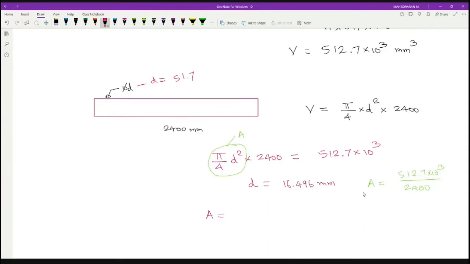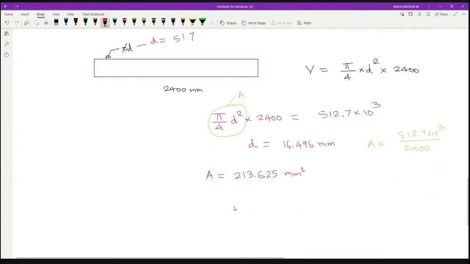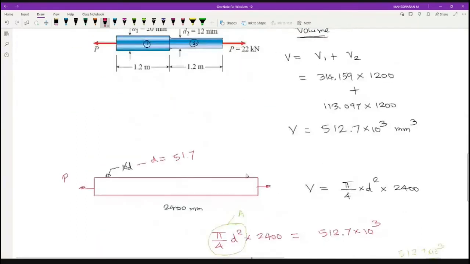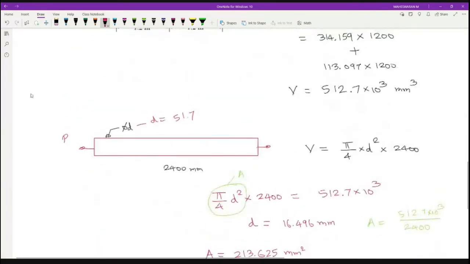So A is just divided with respect to 2400, which gives 213.625. So this is enough, I got my area. So now let us apply. So this is my bar. My force is the same. What is my force? My force P is the same as in the previous problem, which is 22 kilonewton. So the force here is 22 kilonewton.